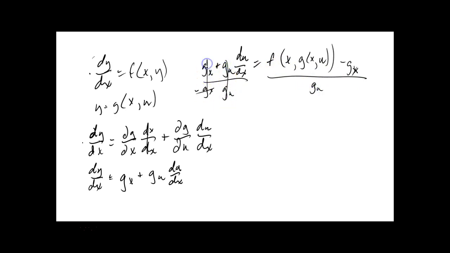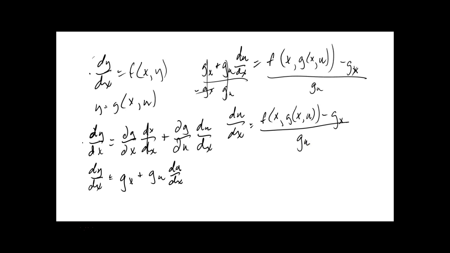Now that goes out, that goes out. Now you have du/dx equal to f of x, g of x and u, minus g sub x, divided by g sub u.